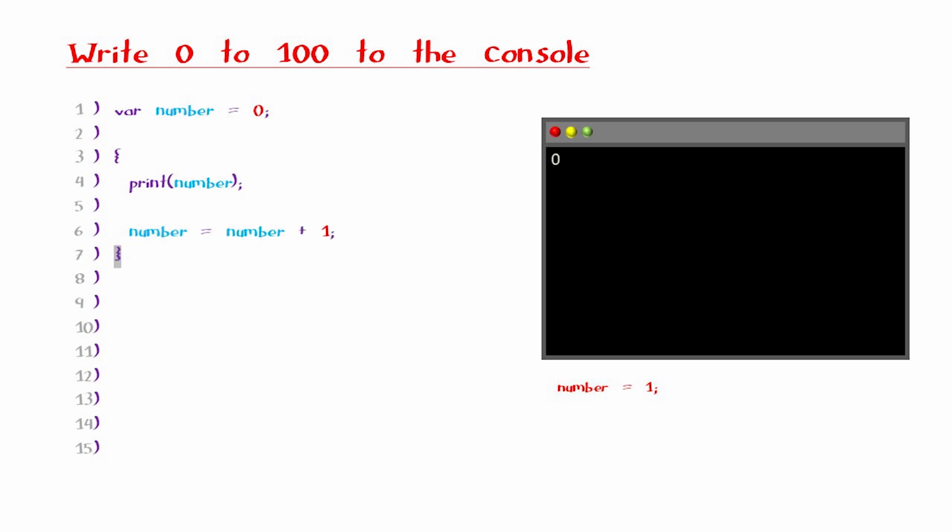And now that we're at the end of our loop, the program will run back to the top of the loop. Because the last value stored in number was 1, this time through the loop, 1 will be outputted to the console. Then our code adds 1 to 1 and stores that value back into number and starts the loop again. Now it outputs 2, and now adds 1 to 2 and stores that.